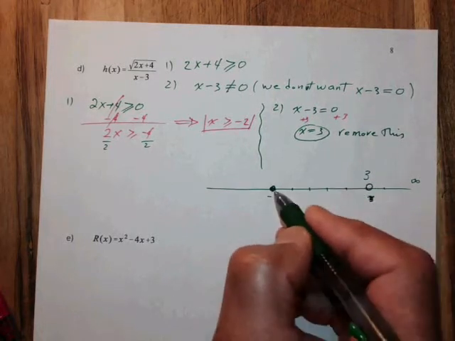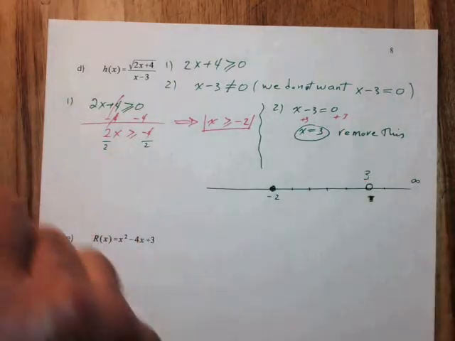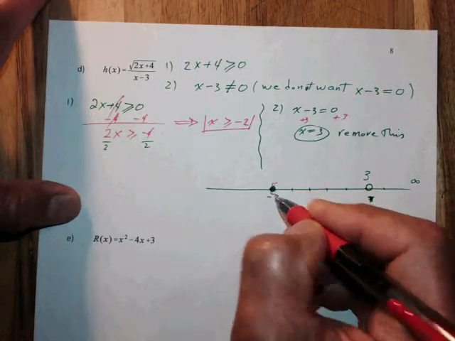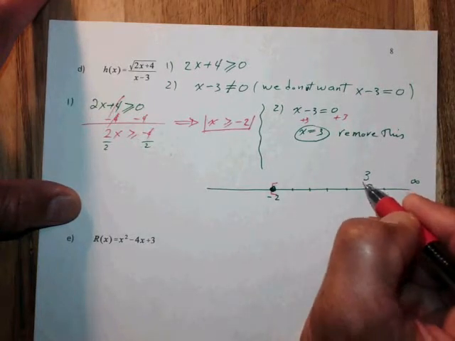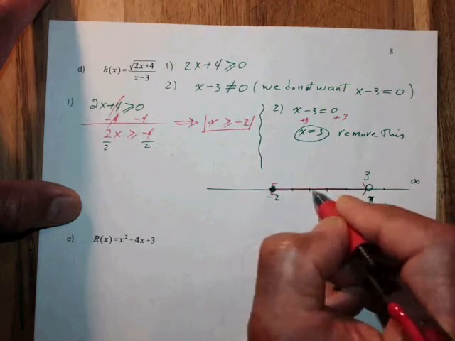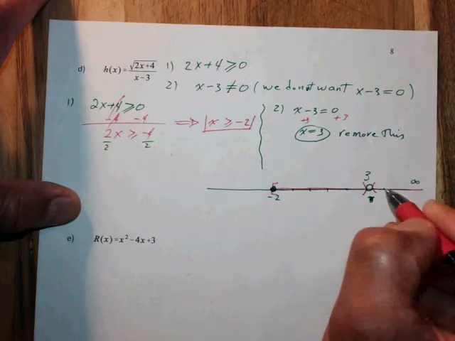I want everything from negative 2 to infinity, but I have to take that out. So that means my domain goes from negative 2 all the way to 3. Then I skip over 3, go from 3 all the way to infinity.